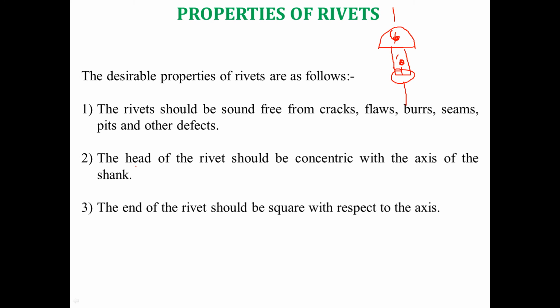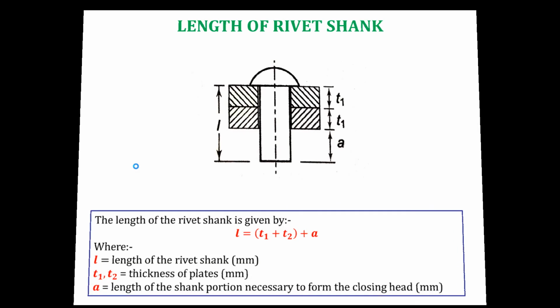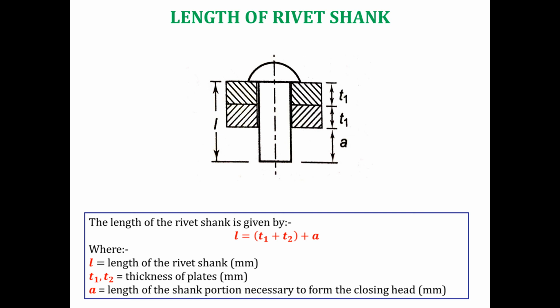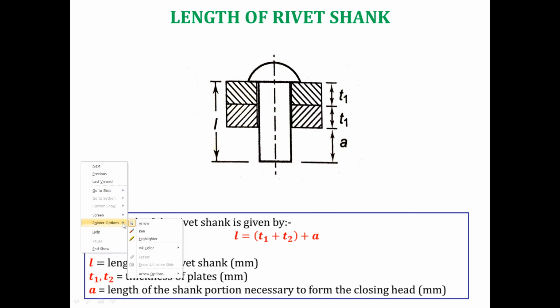Okay, so one more last topic we will discuss in today's class, and it is a very small topic: the length of the rivet shank. So far we have discussed what a rivet joint is. Now, what should be the length of the rivet shank? If you see this diagram, we have two parts of a mechanical assembly.